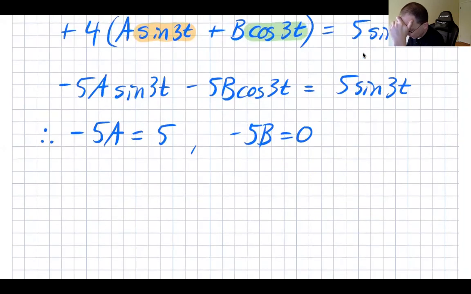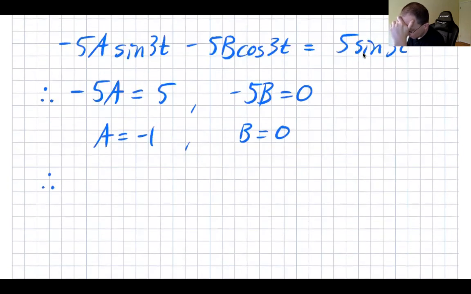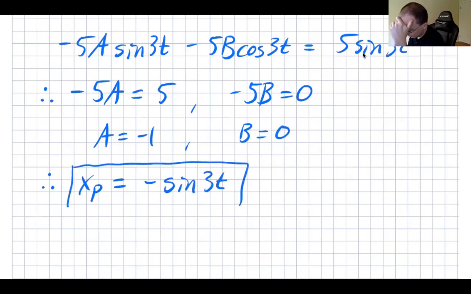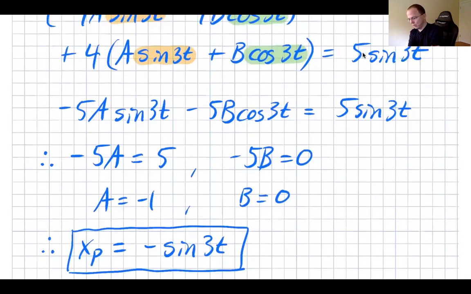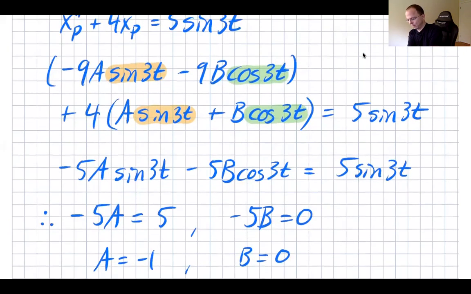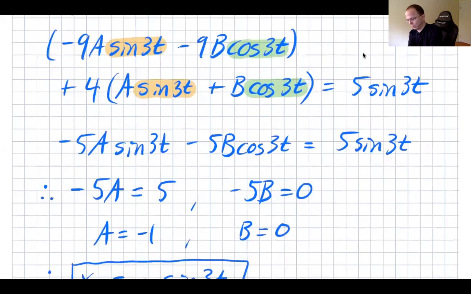So therefore a is equal to negative 1 and b is equal to 0. So the particular solution is going to be negative sine 3t, and that's it. Let me just check to make sure that's good. Yes, that's correct.